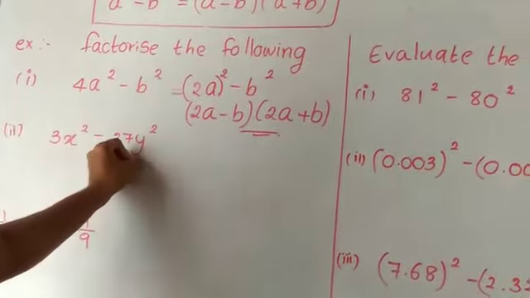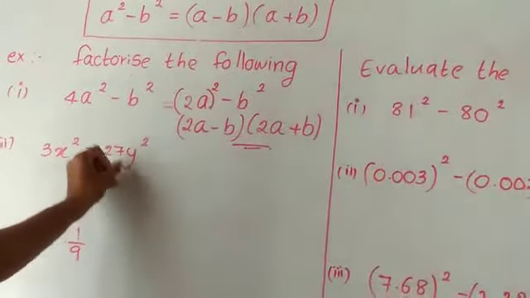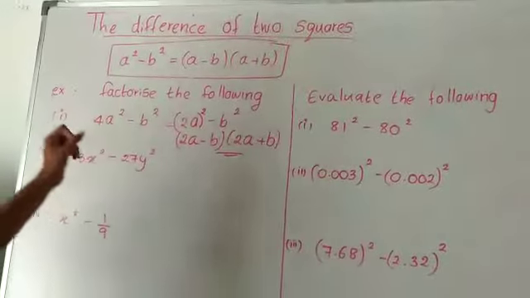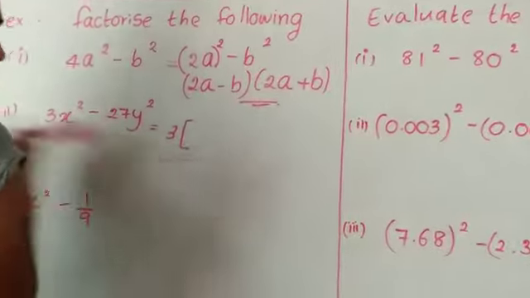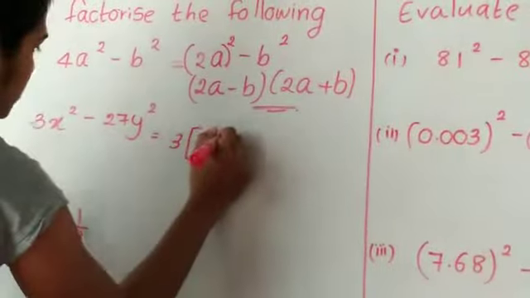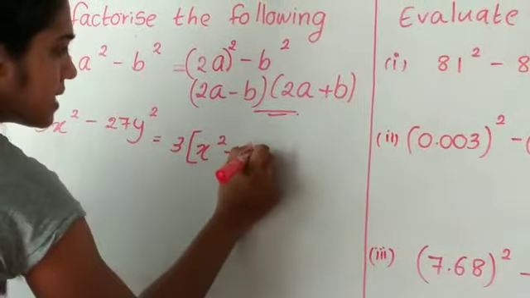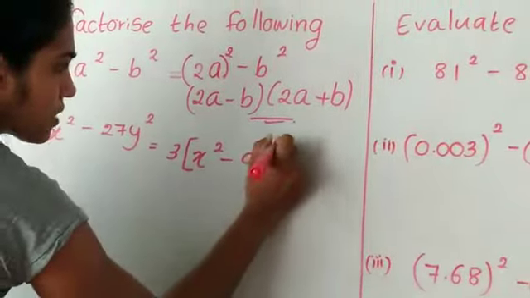In this example, 3 is not a square number, neither is 27. So what I am going to do is take 3 out of the whole equation. If I take 3 out, I am left with x squared and 9 y squared.